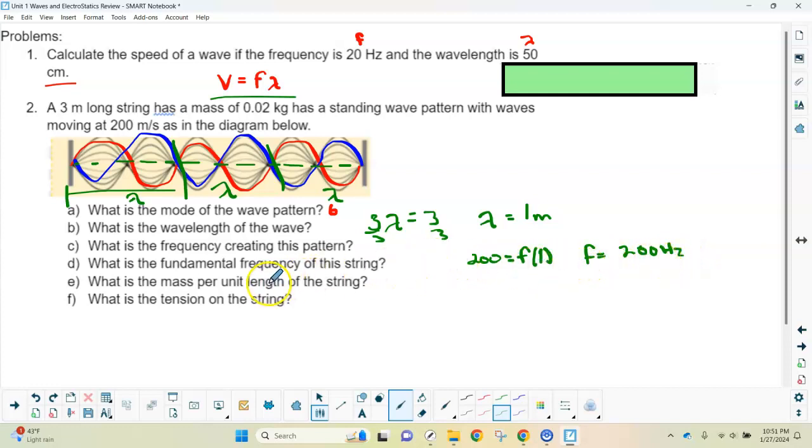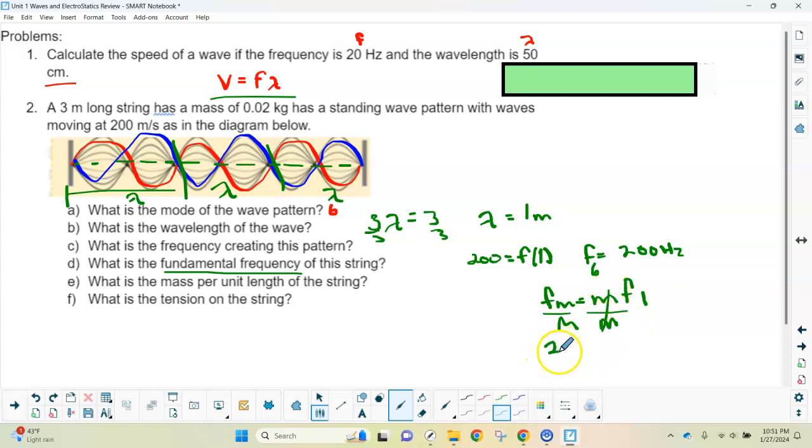If you are trying to find the fundamental frequency, you've got to identify what frequency this is. This is the 6th mode, so this is f6. And for strings or open tubes or closed tubes, f of the mode is equal to the mode number times the first frequency. So if we divide both sides by m, we'll get the fundamental frequency.